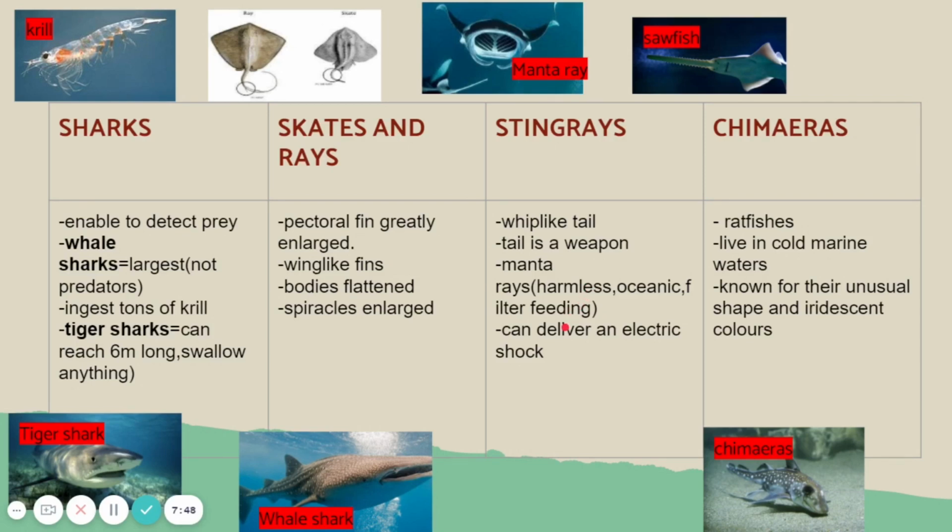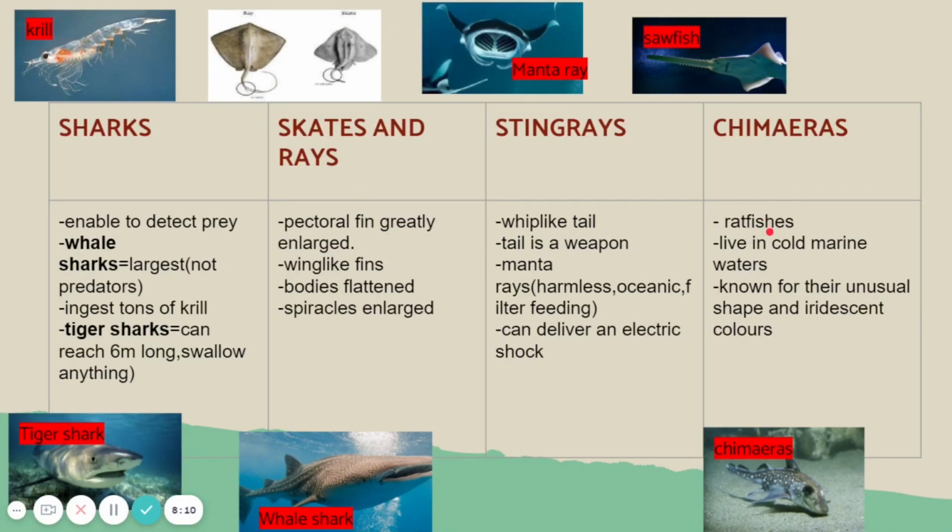Some species of rays can deliver an electric shock from organs located at the base of their pectoral fins. They can also discharge over 300 volts. So this is the manta ray, and this is the sawfish. Sawfish are included in stingrays.